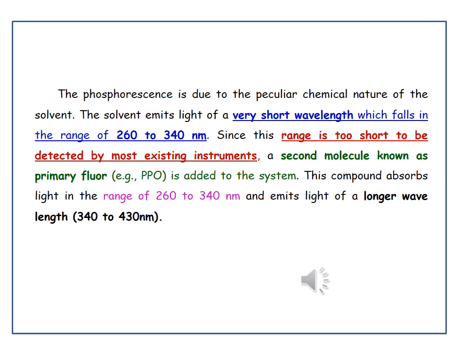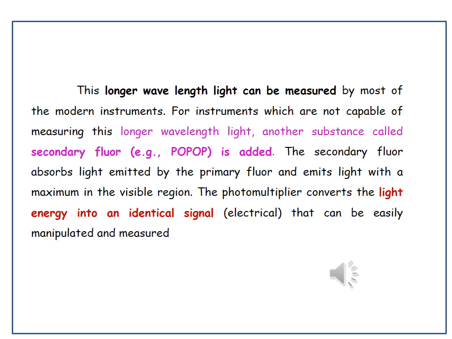A second molecule, known as primary fluor, is added to the system. The compound absorbs light in the range of 260 to 340 nanometers and emits light of a longer wavelength. The longer wavelength light can be measured by most of the modern instruments.